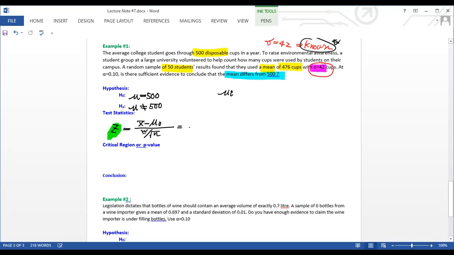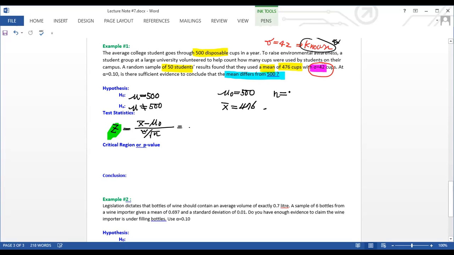What is mu 0? Mu 0 is our 500 here, right? And what is x bar? X bar is the average from the samples, right? So what is my average here? It is 476 cups here.